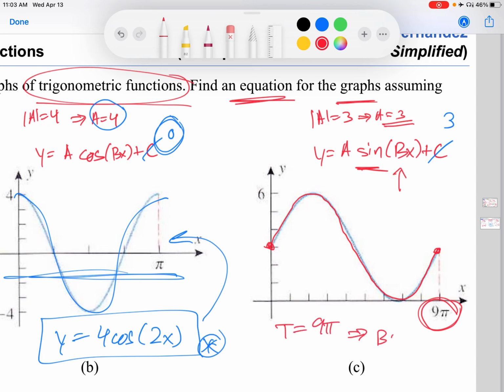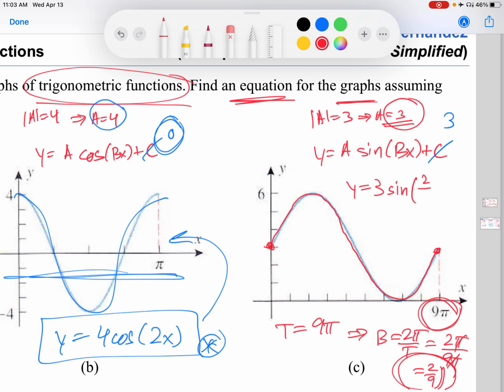So if I use my b equals 2 pi over T, I would do 2 pi over 9 pi, and that gives me 2/9. That's my b value. So if I'm going to write down my equation then for this graph, it's y equals 3 sine of 2/9 x plus the c value, plus 3. And that's the equation for this graph.